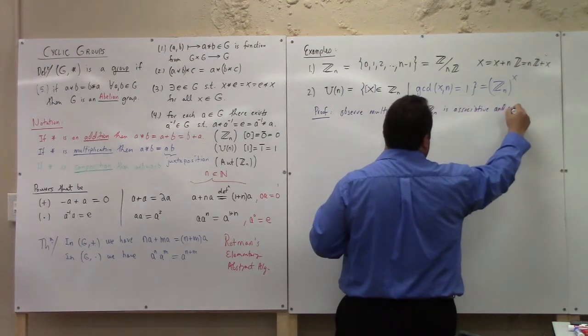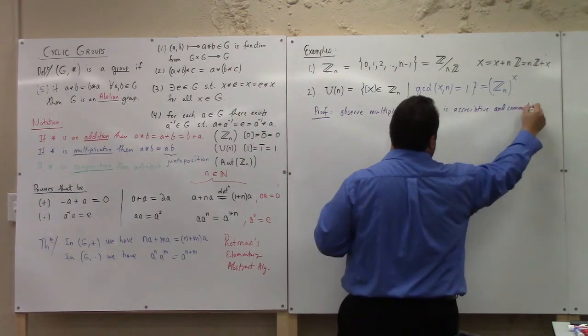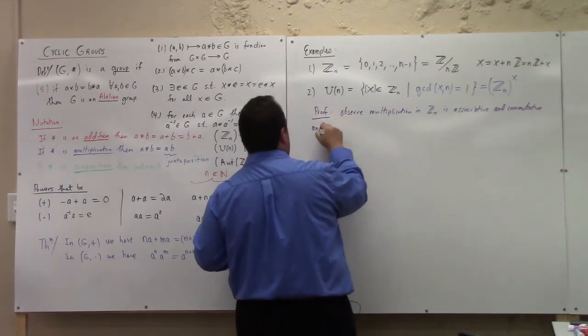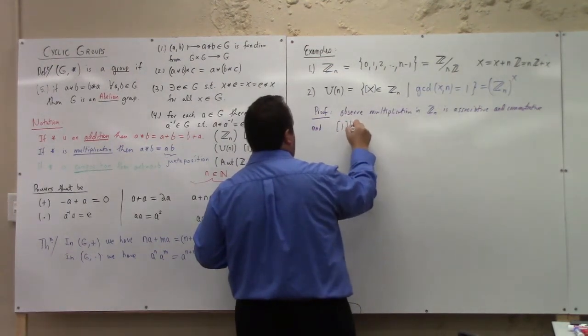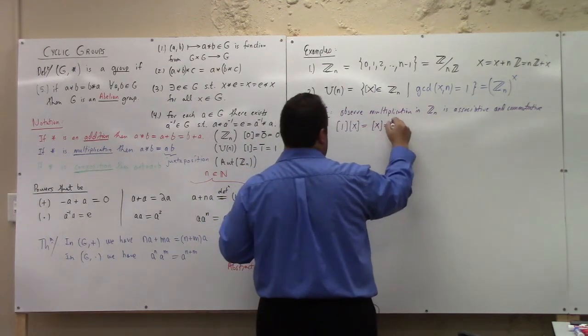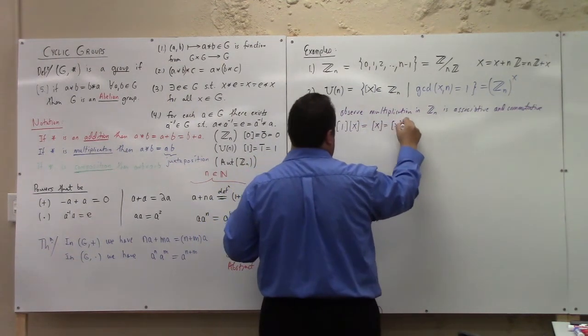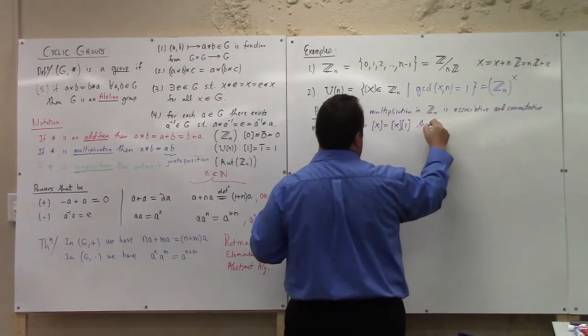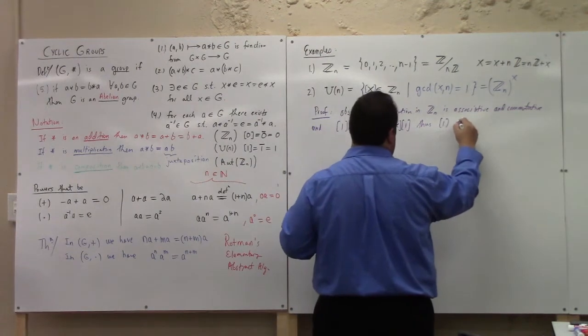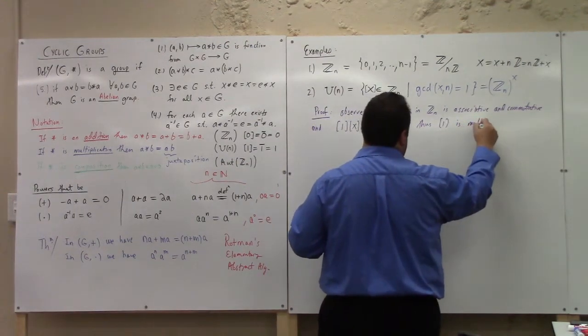And commutative, not that we need commutative, but it is. And thus the equivalence class generated by 1 is the multiplicative identity.